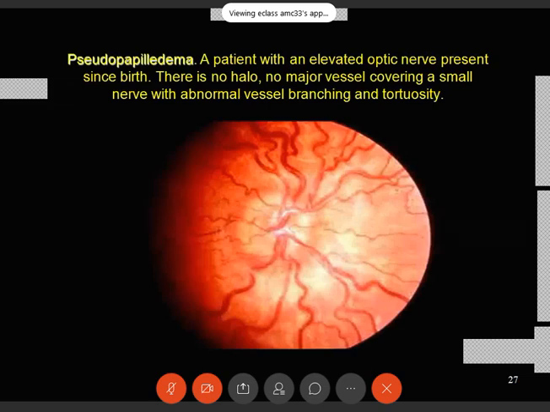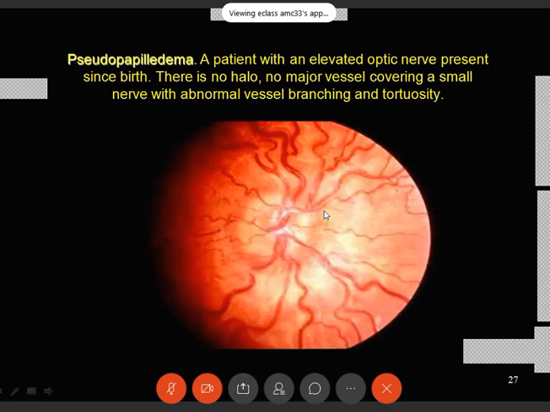Pseudopapilledema. In pseudopapilledema, the disc appears edematous, but it is not associated with raised intracranial tension. The patient has an elevated optic nerve head from birth. Margins are blurred and the optic disc is elevated.